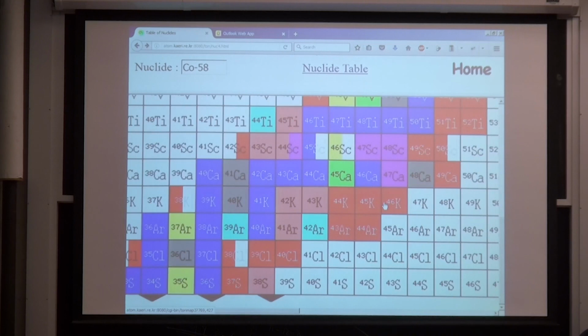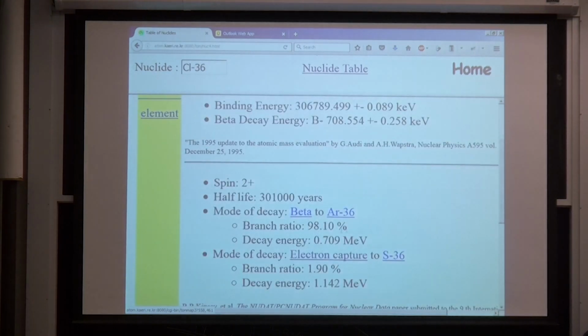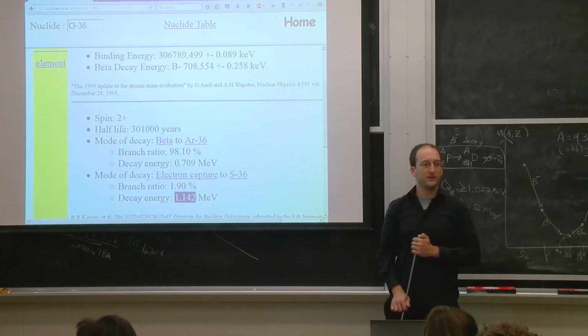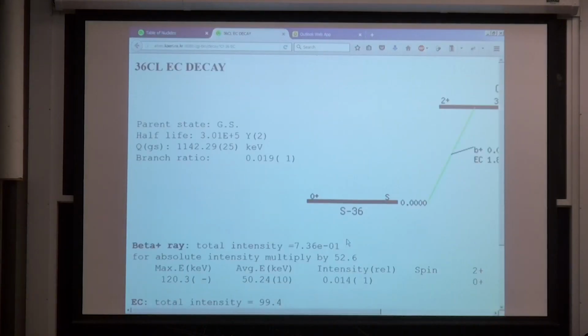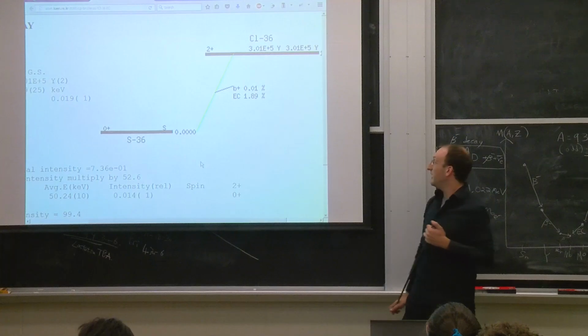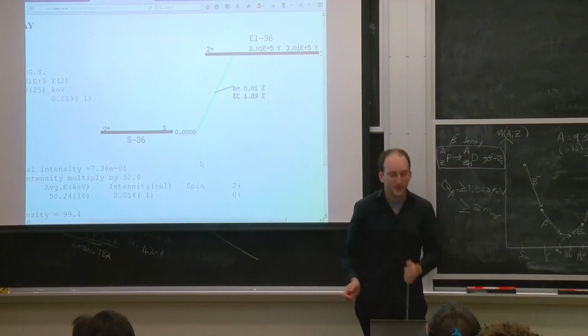Let's look for more. Chlorine 36 has argon and sulfur on either side. There it is. Beta decay and electron capture, and how much do you want to bet there's basically never a positron here. But basically, not actually never. So you get a positron 0.01% of the time, and electron capture 1.89% of the time. Where's the other 98 and change percent?